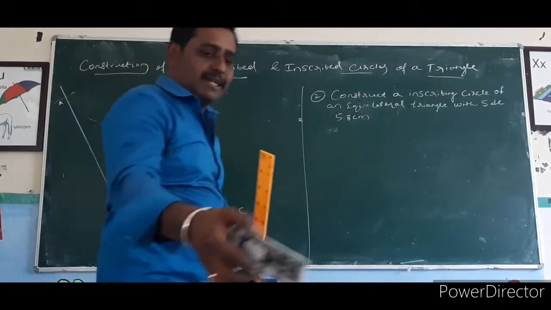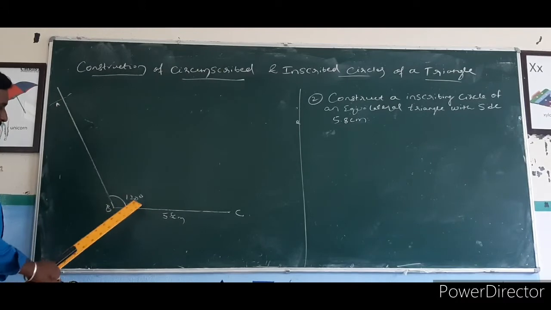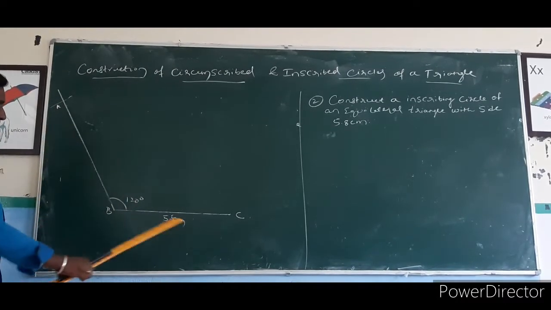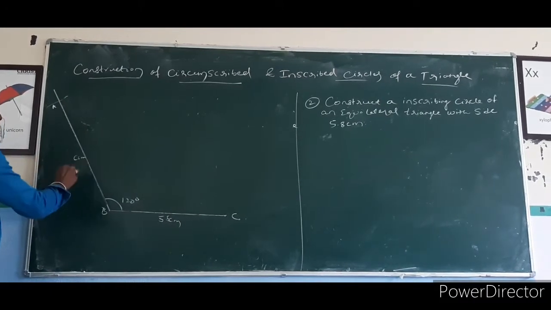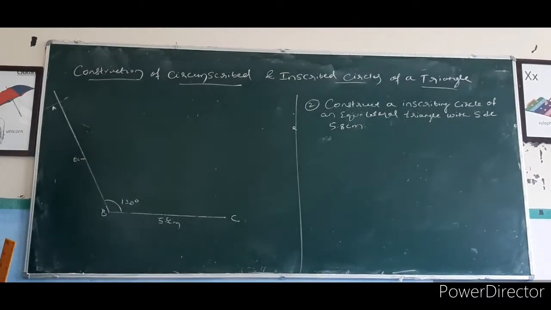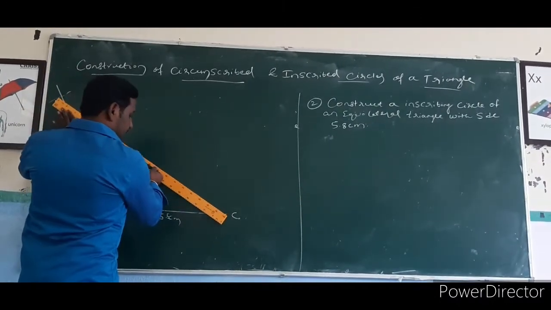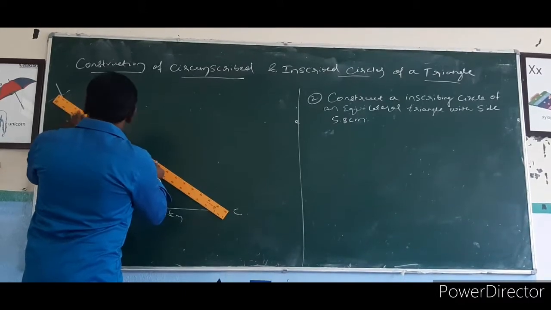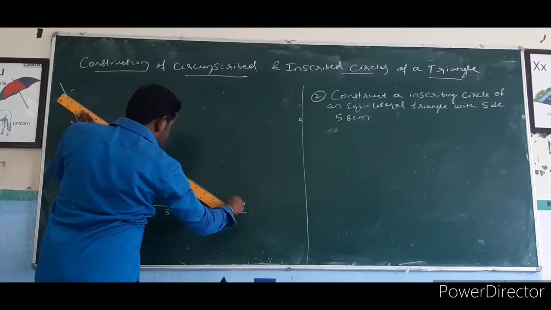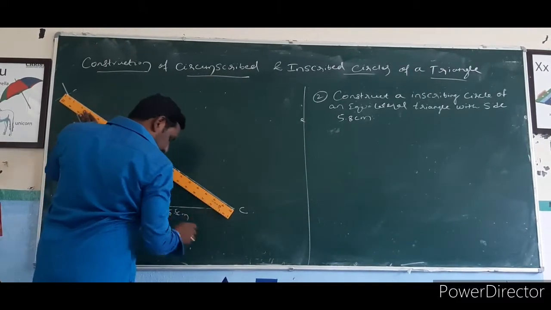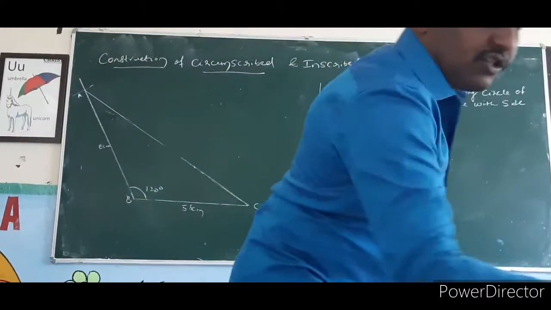Whatever data they have given: first the base is 5.5 centimeters, then construct angle ABC of 120 degrees, and then I am cutting the AB length of 6 centimeters. Next you can join the length of AC.